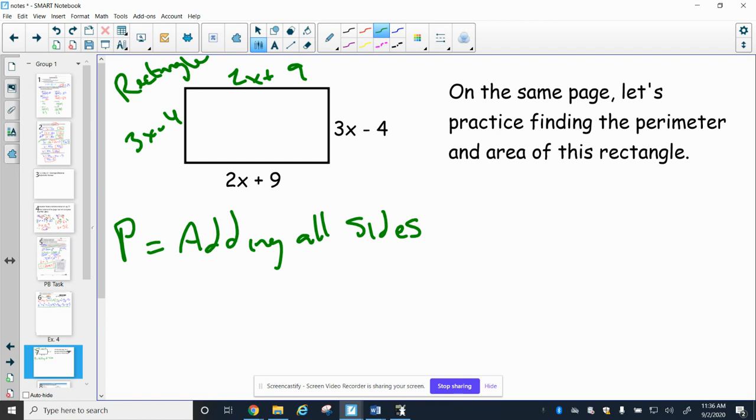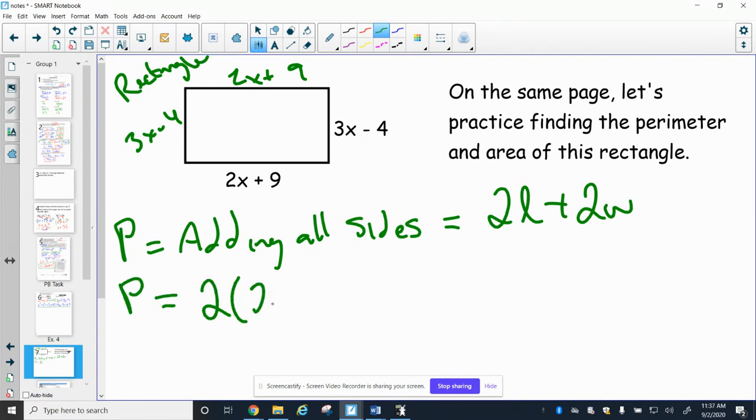So remember that if we're adding up all the sides, that's the same thing as 2 of our length plus 2 of our width. So our perimeter, we have 2 of those 2x plus 9s plus 2 of those 3x minus 4s.